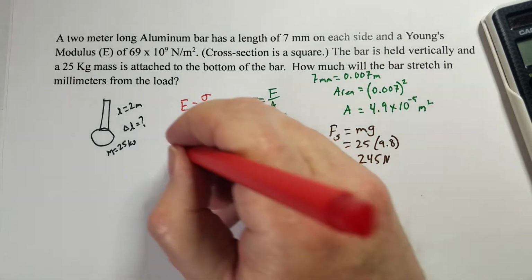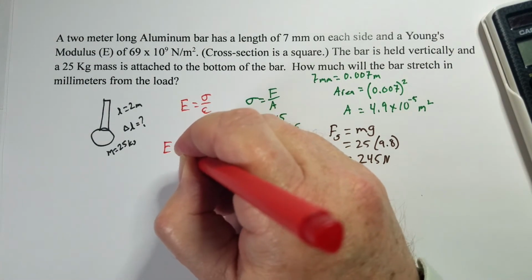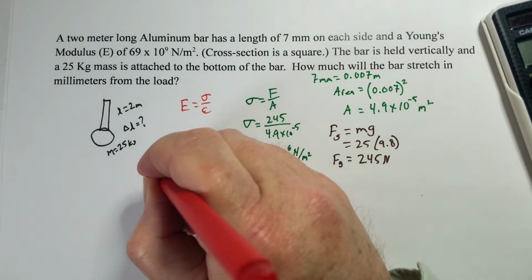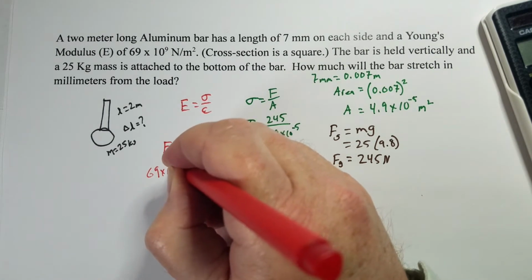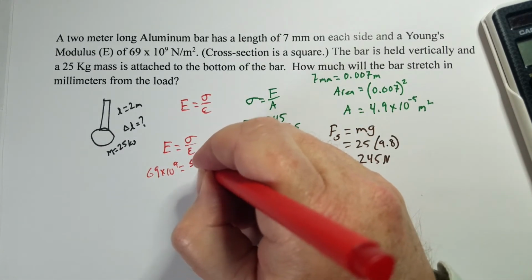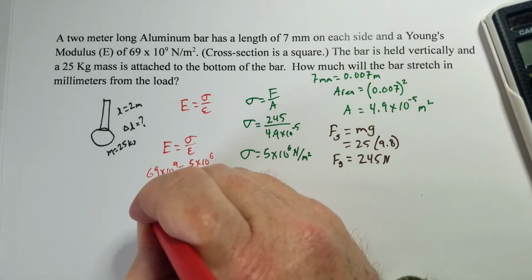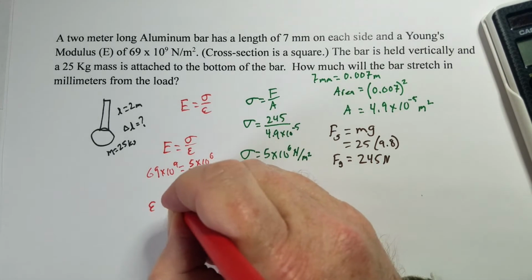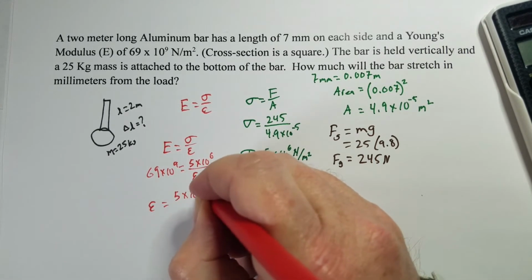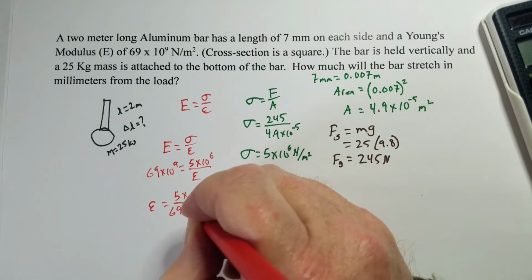Now that we know that, we can figure out what epsilon is. Young's modulus is 69 times 10 to the 9th. Sigma is the 5 times 10 to the 6th. We can find epsilon by switching those out: 5 times 10 to the 6th divided by 69 times 10 to the 9th.